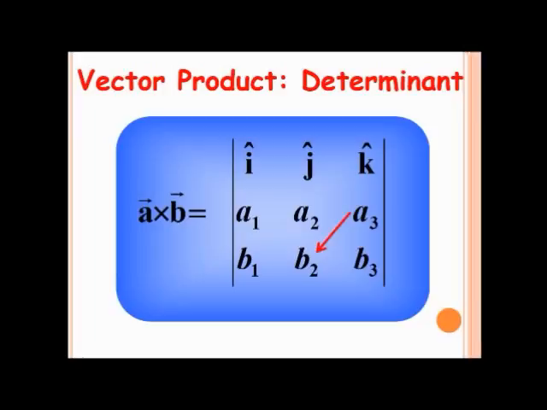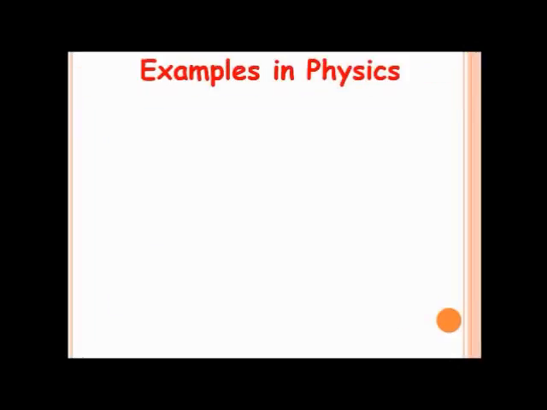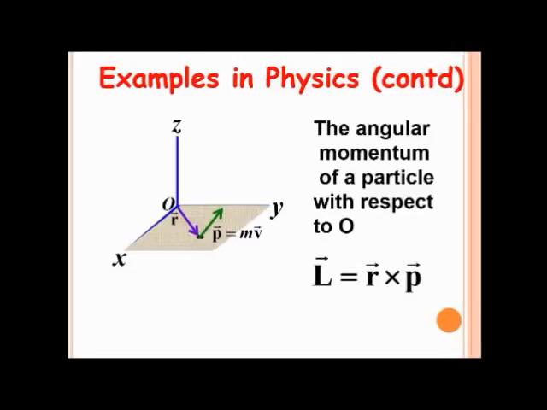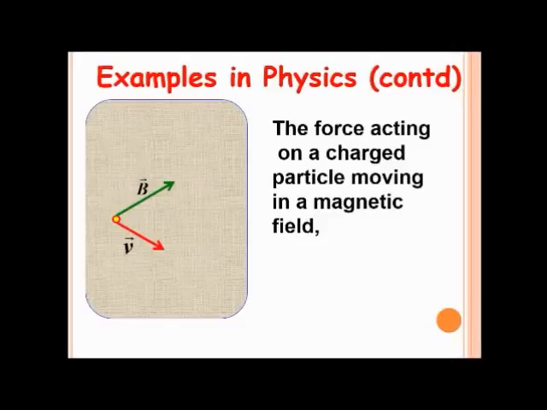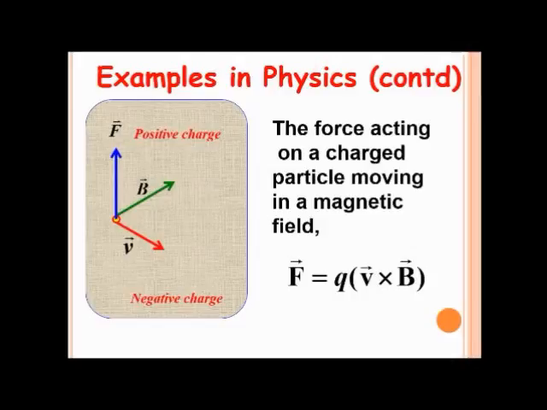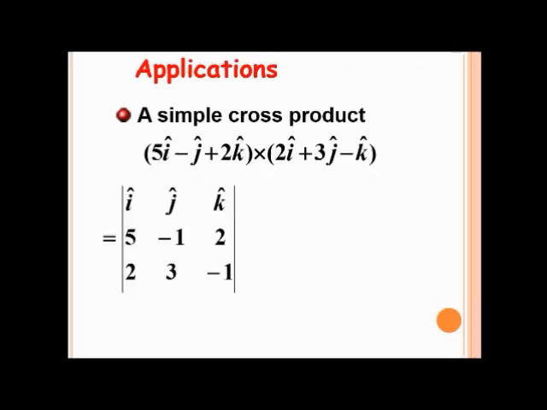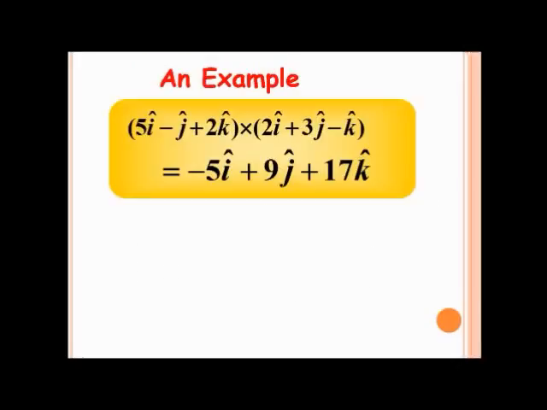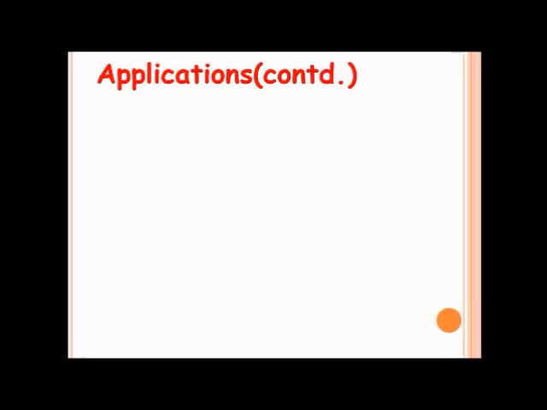The determinant form was also discussed for calculating the vector product, and we have given you some examples in physics like that of the torque, the angular momentum, and the force in the magnetic field, or the force on a charged particle when it moves in a magnetic field. Then we have tried to solve some examples on how to find this cross product, and we have also got the result.